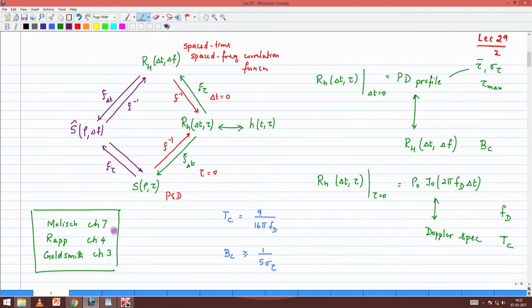These are the reference points I would like you to look at and make sure that you are comfortable with. The two parameters that are very useful for us are coherence time and coherence bandwidth. Coherence time tells you how frequently you should estimate the channel, or for what duration of time you can assume that the channel is more or less constant, and coherence bandwidth is the bandwidth over which the frequency response of the channel is correlated.